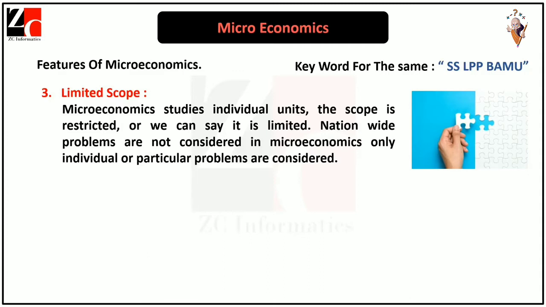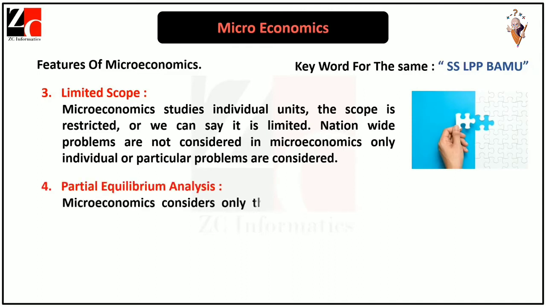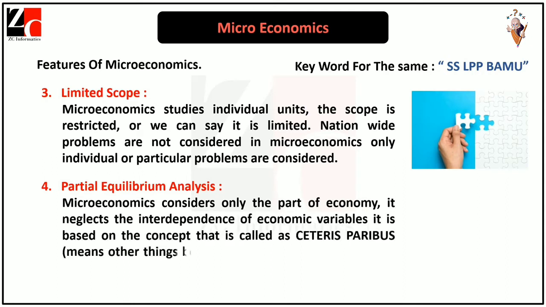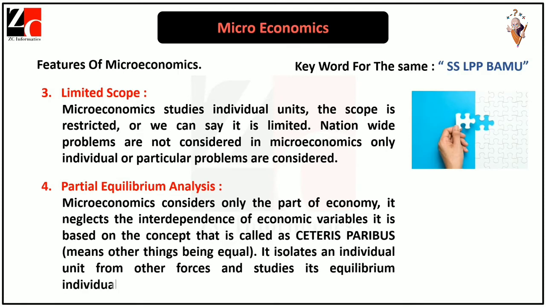Point number 4. Partial equilibrium analysis. Microeconomics considers only a part of the economy and neglects the interdependence of economic variables. It is based on the concept called ceteris paribus, meaning other things being equal.